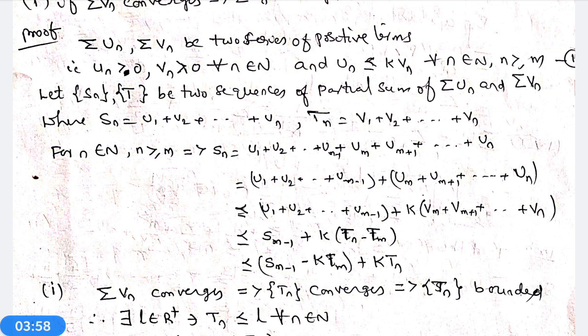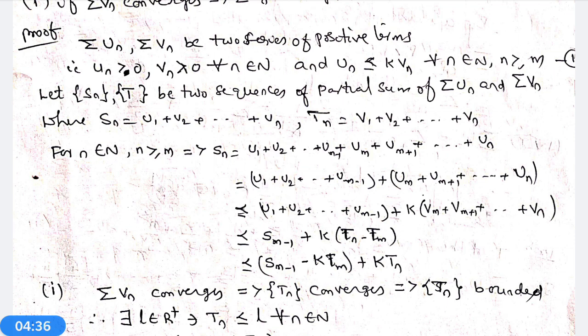Now, Sn is equal to u1 plus u2 plus etc. u(m minus 1), taking these terms in one bracket, plus um plus u(m plus 1) plus etc. un in the second bracket. So, the inequality given in equation 1 is valid for n greater than or equal to m.